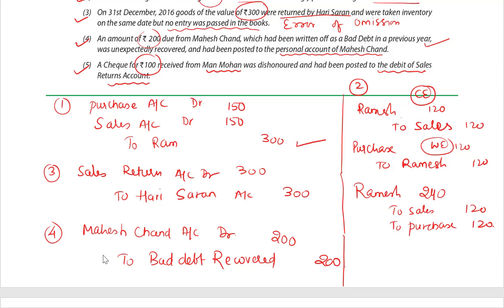So wrongly you had debited the sales return account, so we should credit it. We will credit the sales return by 100 and in debit we will write Manmohan. Manmohan account will be debited. This is the fifth entry. I think we are clear now.